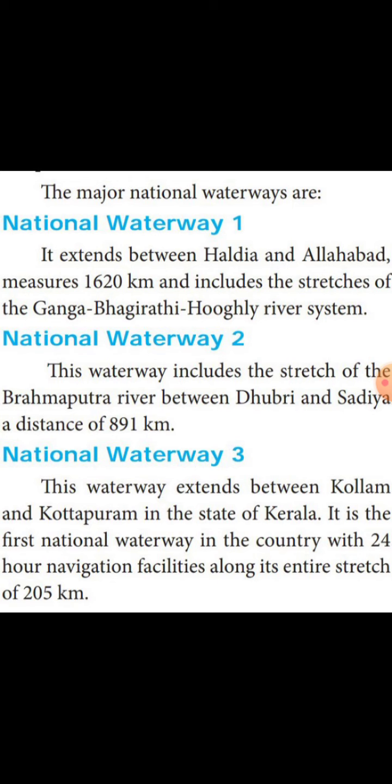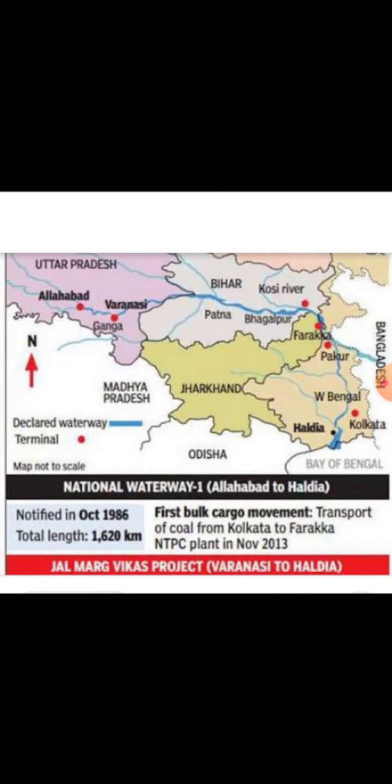Next we learned about the major national waterways: National Waterway 1, National Waterway 2 and National Waterway 3. National Waterway 1 extends between Haldia and Allahabad.